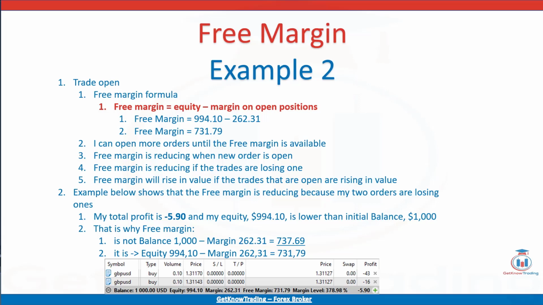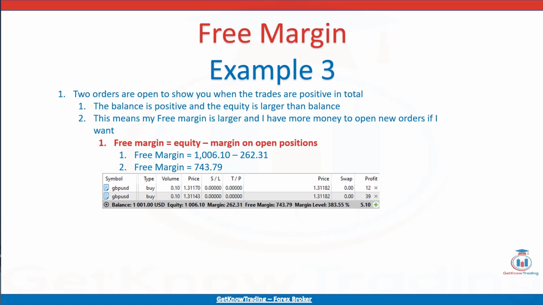But I have two orders open that together give me minus 5.9, where free margin is equal to equity minus margin, and that is 994.10 minus 262.31 gives me 731.79, which you can see in the image under free margin.